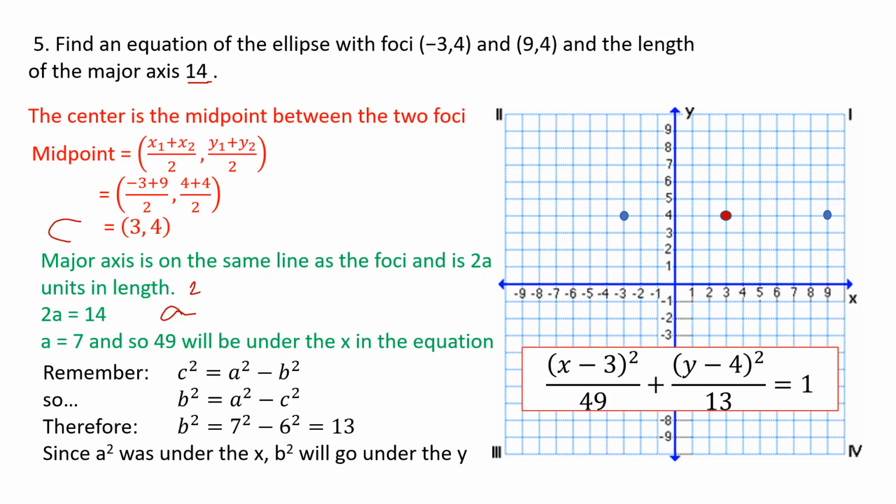You don't need to graph the ellipse. It's helpful though to have the given on the coordinate system. It helps me see that the ellipse is horizontal, and it helps me see the foci and the co-vertices. So again, no need to graph the ellipse. You're required to just find the equation. And this is the required equation.